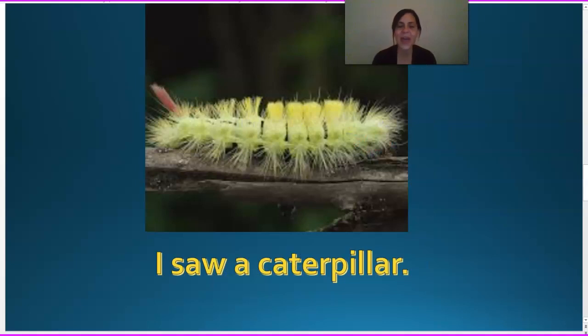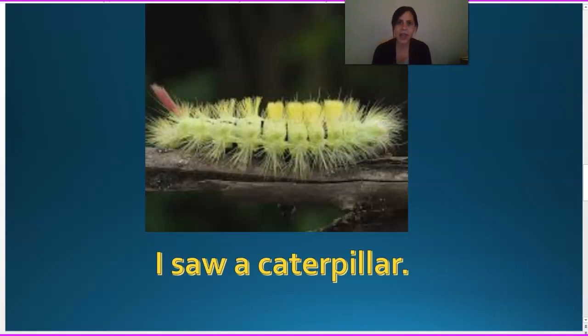I want to show you how I thought a little bit about how I could add describing words. So take a look at this picture. It's a caterpillar. And my sentence says, I saw a caterpillar. So my sentence matches the picture and it tells about the picture, right? But it doesn't have any describing words.